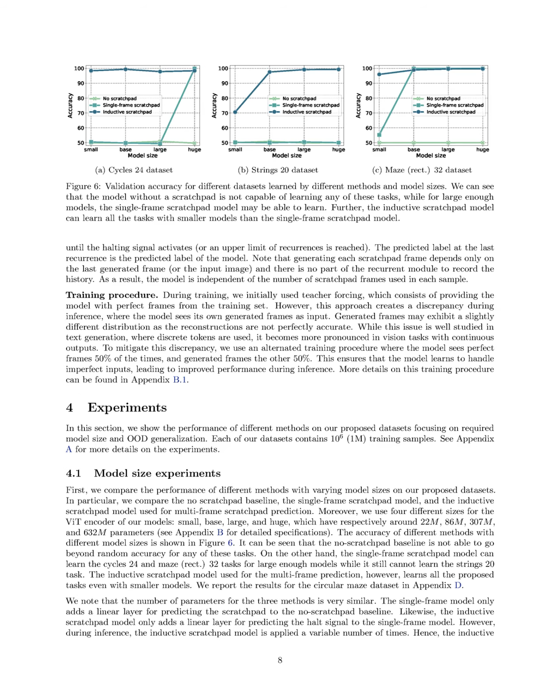We compared 3 different model architectures: the no Scratchpad baseline, the single-frame Scratchpad model, and the inductive Scratchpad model, which utilized varying sizes of vision transformers, ViTs, with parameters ranging from 22M to 632M.